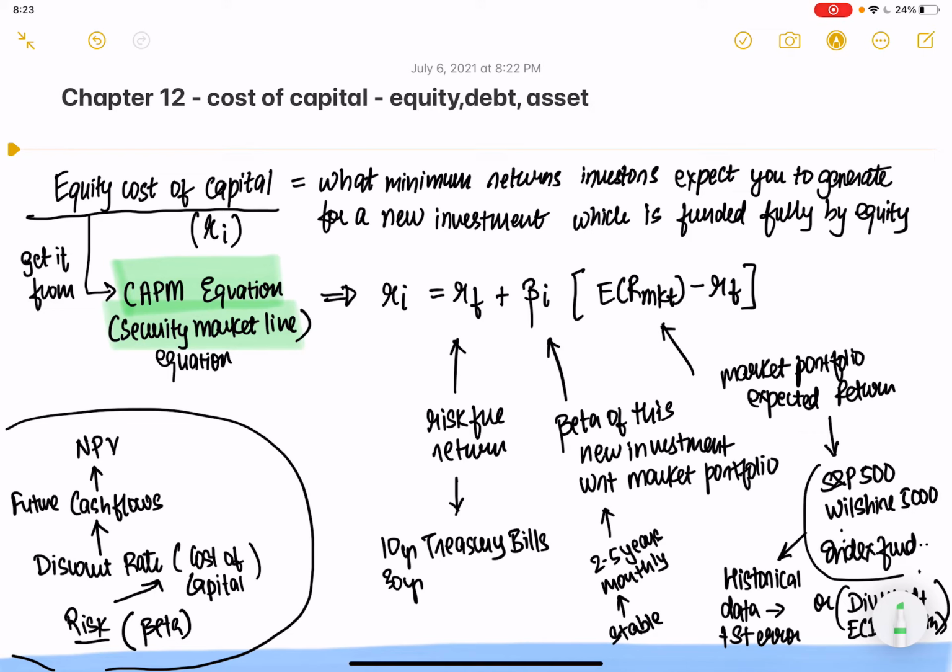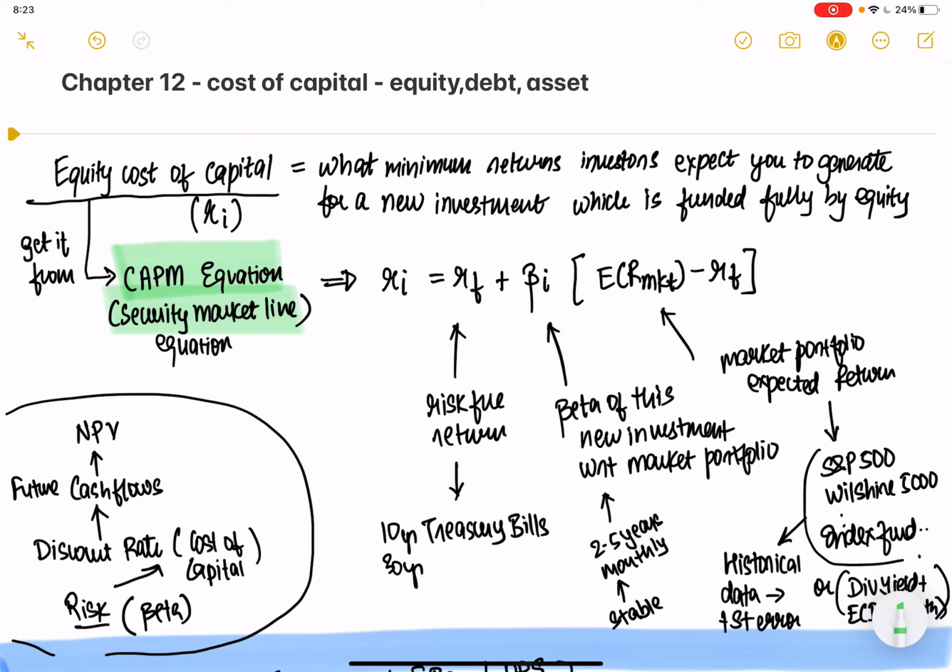But to quickly recap, the capital asset pricing model equation, the security market line equation, states that the return you expect from an investment, or your cost of capital, it's the same term, R_i, is equal to the risk-free rate plus the beta of that investment times the expected market return minus the risk-free rate.